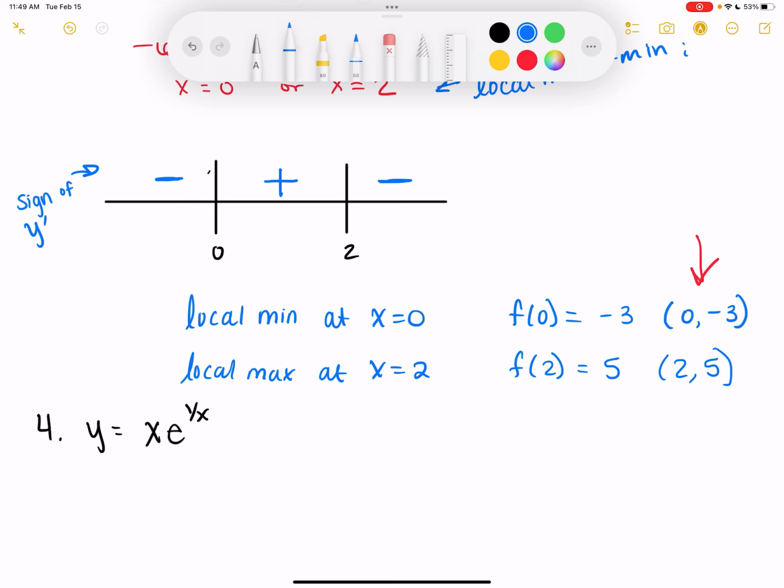So if I take the derivative of this, I have a product rule. So what does this derivative give me? e to the 1 over x, plus x times the derivative of e to the 1 over x.